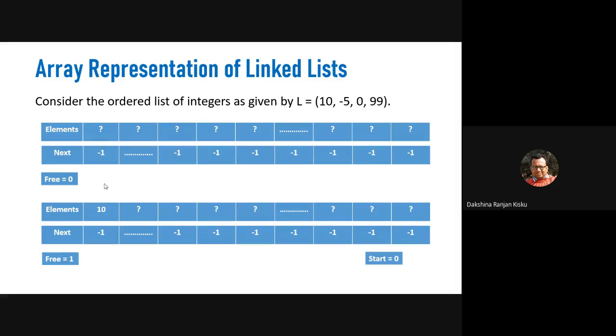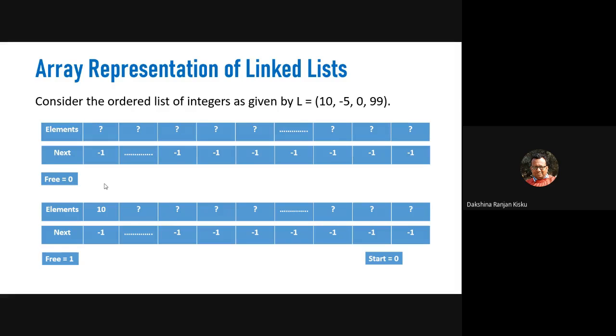And we are taking two variables. One is called free, another is called start. Now what is the significance of the free variable? The free variable represents the available part of the element array. And what is the significance of the start variable? The start variable represents the starting index of the element array.